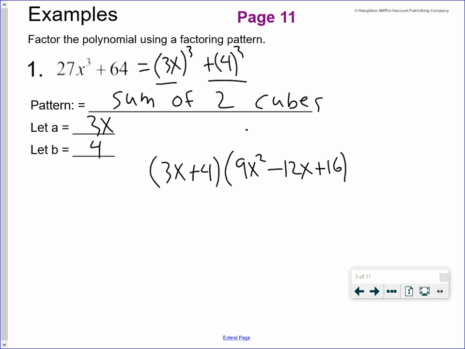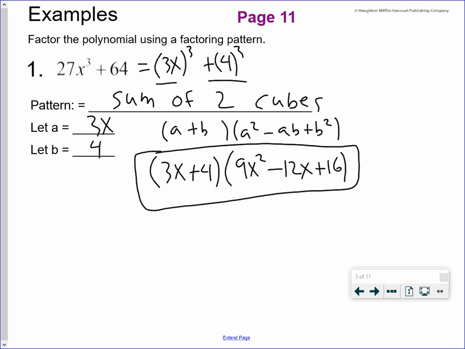Remember, it's a squared minus ab plus b squared, all of that multiplied with a plus b. So that's where we got our factored form, and this is our final answer. That is our factored form of the polynomial of number 1.